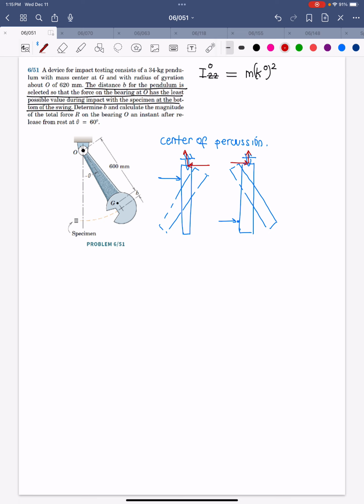This means that there is an optimal location on the pendulum where the impact force acts, so that when the pendulum is impacted at this location, the reaction force at O is 0.